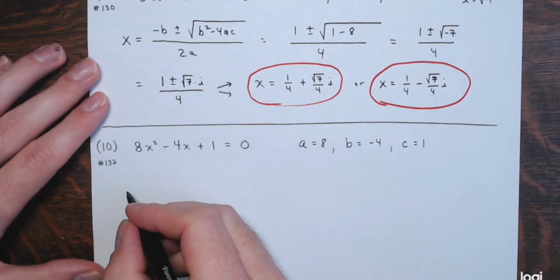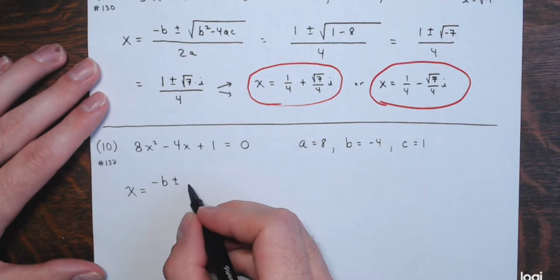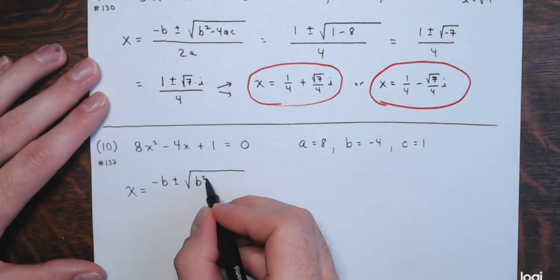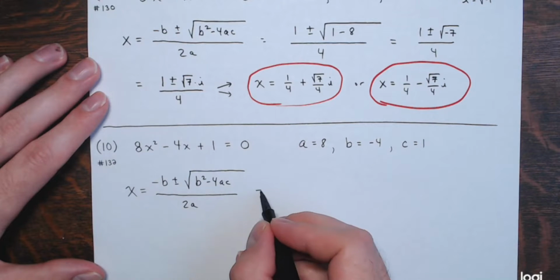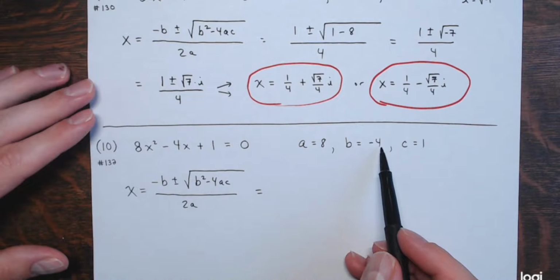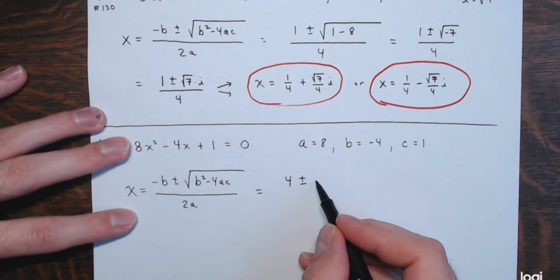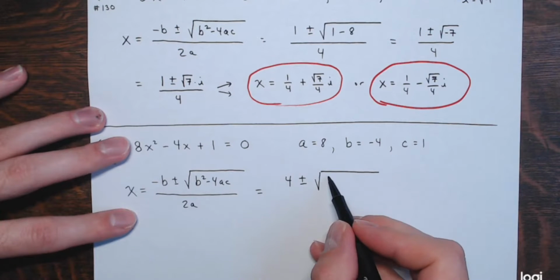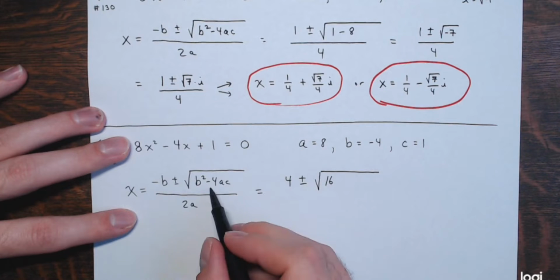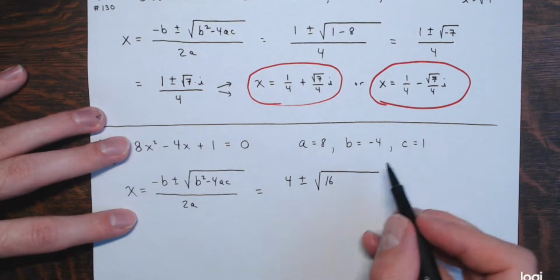All right, and the solutions are the opposite of B, plus or minus the square root of B squared minus 4AC, all this divided by 2A. B is negative 4, so the opposite of B would be positive 4, plus or minus the square root of B squared, which is positive 16, and then 4AC would be 32. 4 times 8 times 1, that's 32, minus 32.